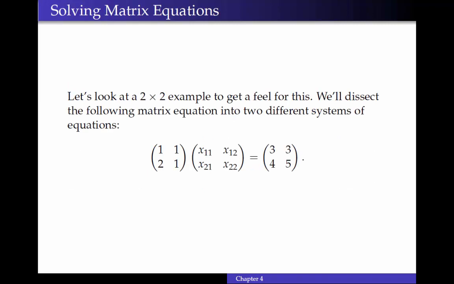So let's take a 2 by 2 example to get a feel for this. Here we have a matrix equation, and we're going to dissect this into two different systems of equations.